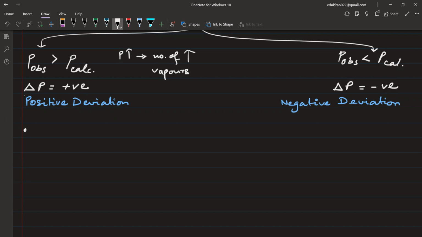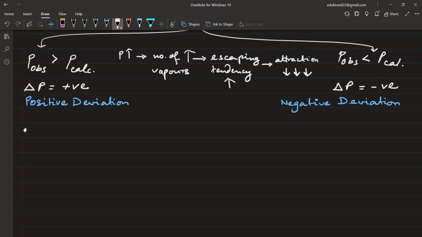If the number of vapors is more, what is the escaping tendency, high or low? High. Escaping tendency is high. When will escaping tendency be high? When attraction inside the solution is more or less? Attraction inside the solution will be less.